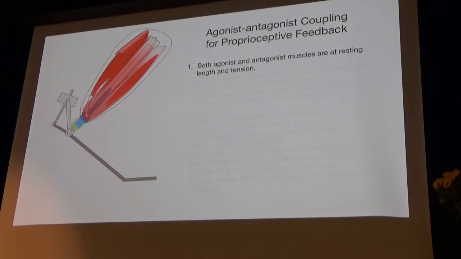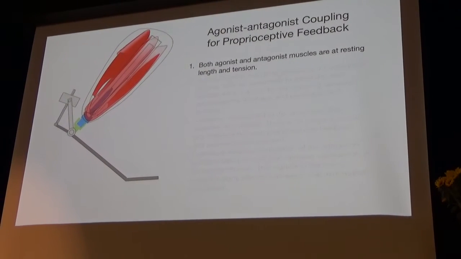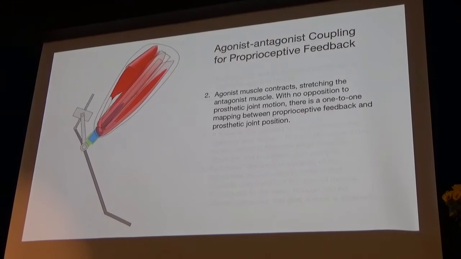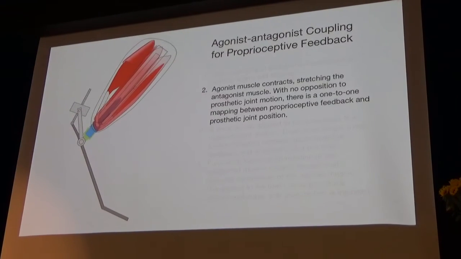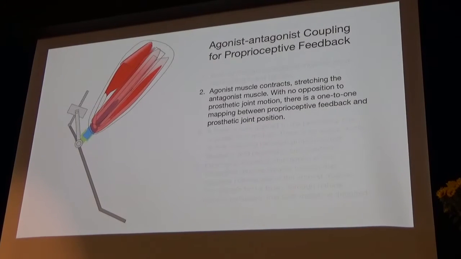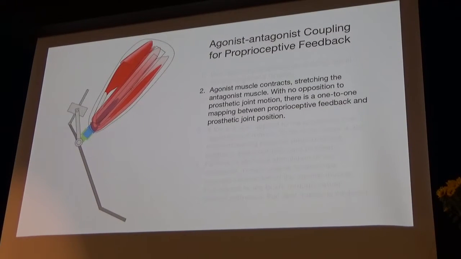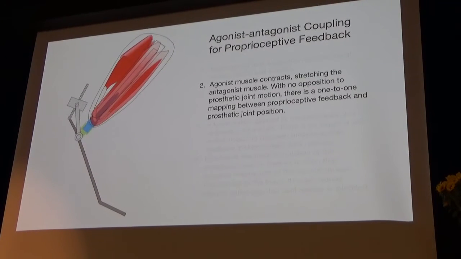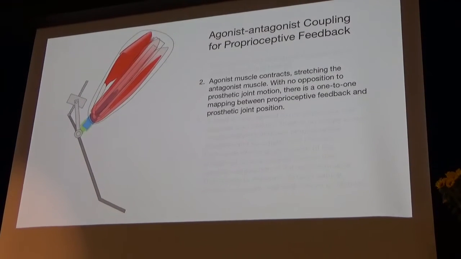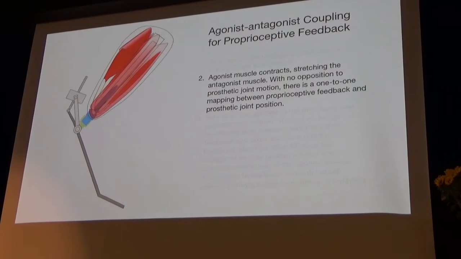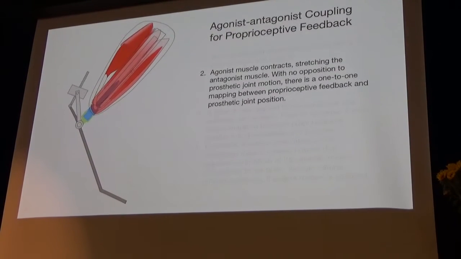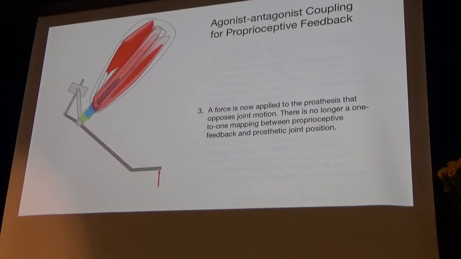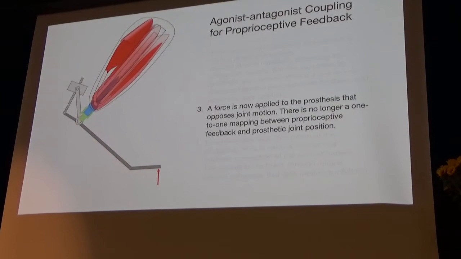So let me take you through the opportunity here. Again, we mechanically link agonist-antagonist pairs. When one muscle contracts, the other is stretched, and vice versa. If there's no load on the prosthesis, that would give you a nice mapping between prosthetic state and the proprioceptive state that the human is experiencing. When a load is applied, then there's a mismatch.